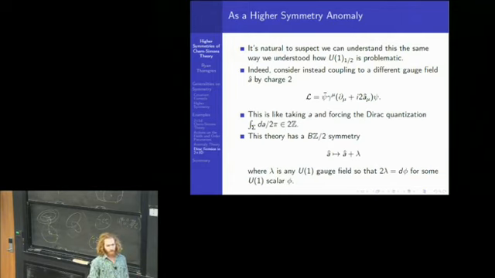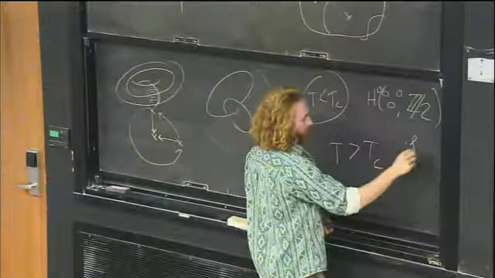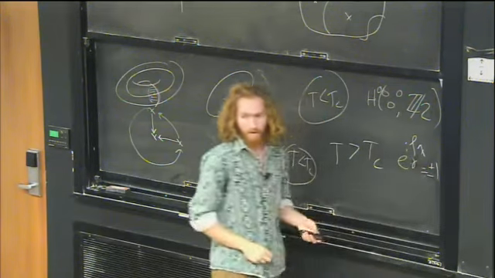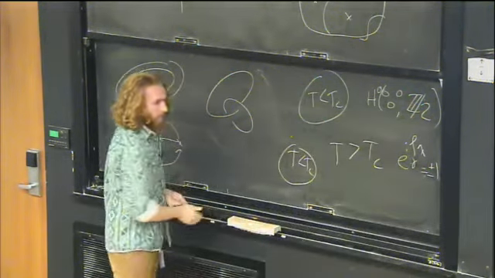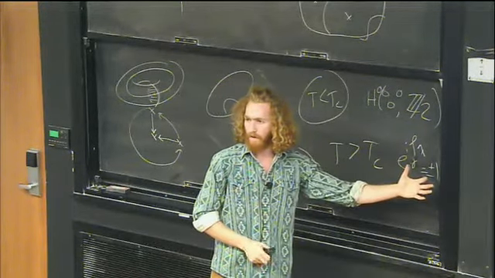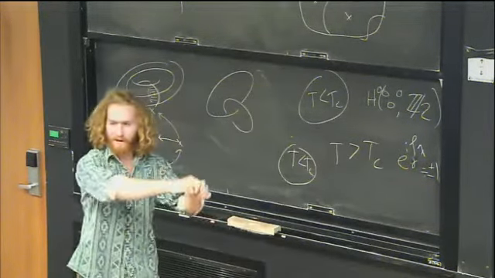So now that I have this 2 here, my theory has a higher symmetry of the form I just discussed. So if I shift A by someone whose Wilson loops are only plus or minus 1, then a charge 2 object will never see lambda. It will see either 1 squared around a loop or minus 1 squared around a loop.